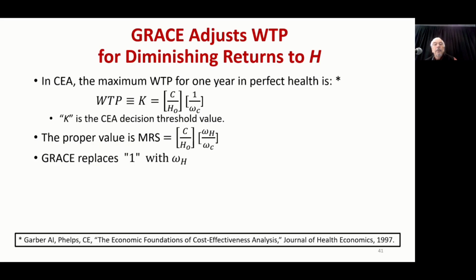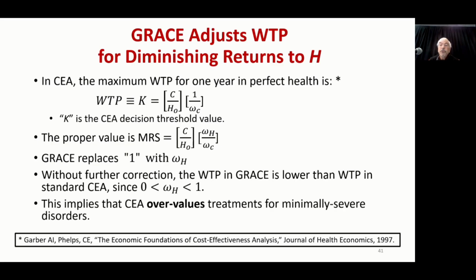So in the proper marginal rate of substitution, you want to put that elasticity back into the numerator of this value. So Grace replaces the 1 in the numerator, that willingness to pay, with this elasticity of health. And of course, it has somewhere between 0 and 1 as the value.